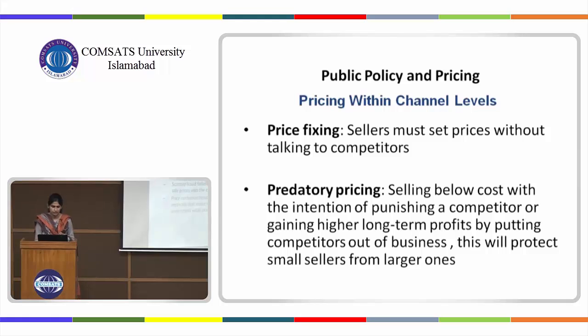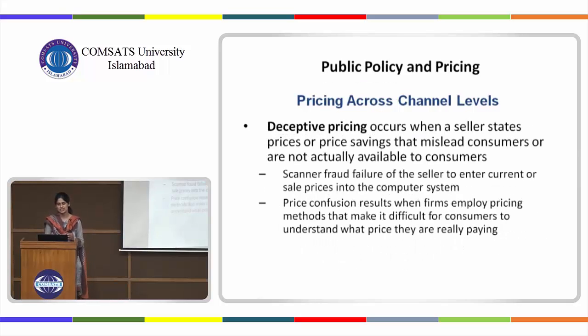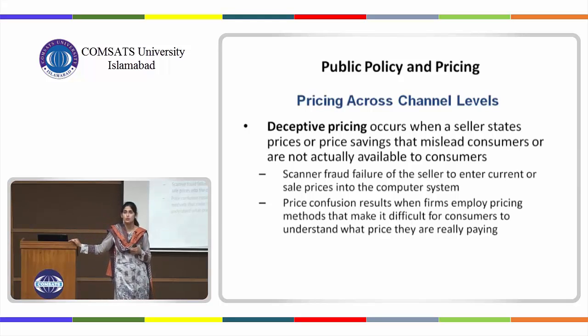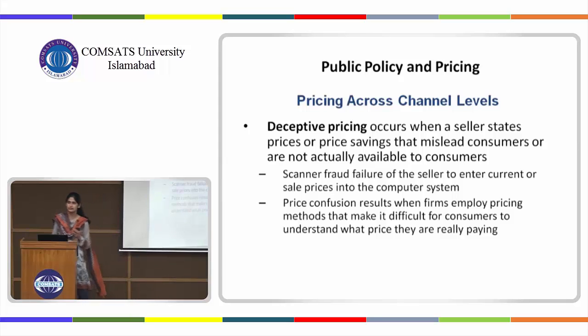Then deceptive pricing. Deceptive pricing occurs when a seller states prices or price savings that mislead consumers. So misleading consumers is deceptive pricing. How would that take place? For instance, scanner fraud failure. You do not end up entering the changed prices in your scanners, as a result of which when you bill the products, you bill them fully.